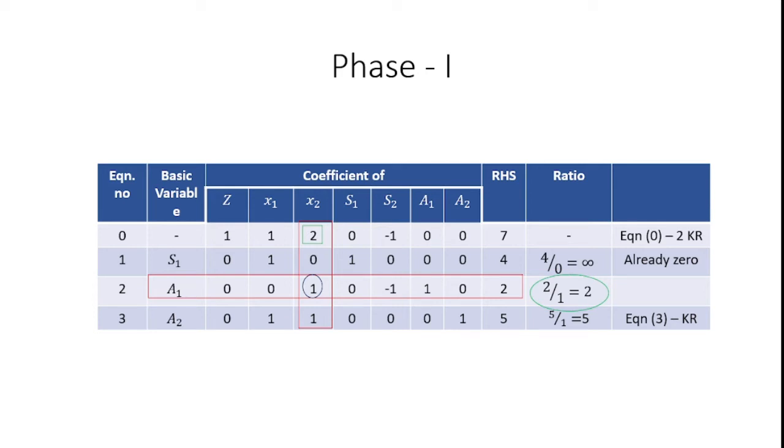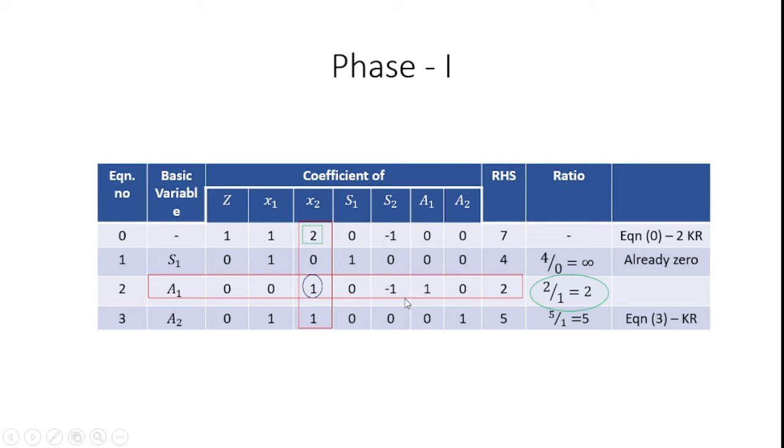The next step is to identify the key row. How can I identify the key row? For this, I consider the RHS values of the constraint equations and divide each by the corresponding key column value. In constraint equation 1, the right hand side value is 4 and the key column value is 0, so 4 divided by 0 is infinity. What is meant by ratio?